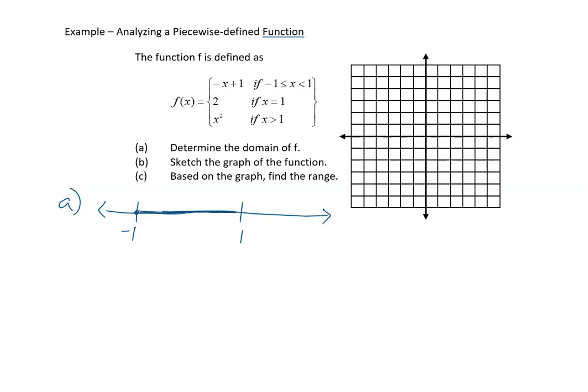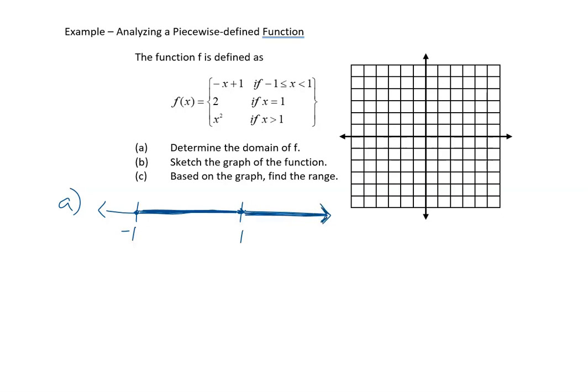So this top piece of definition occurs through all of these x values. The middle definition is defined only for x equals 1. So that's going to cover the 1 value. And then the bottom piece of definition is defined for anywhere that x is greater than 1. So that's going to cover all values greater than 1.